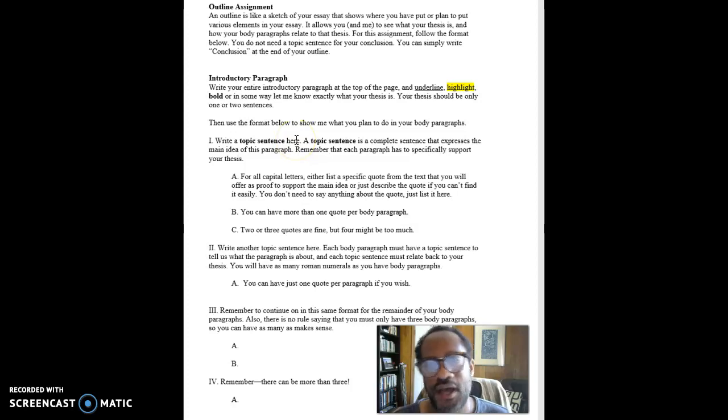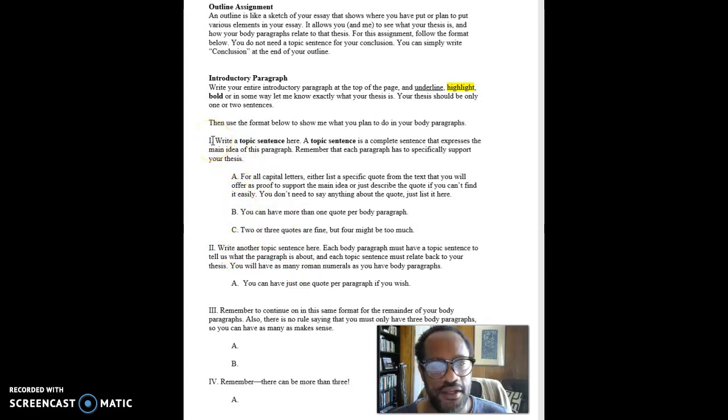We talked about what a topic sentence is, right? That is a complete sentence that expresses the main idea of the paragraph. And each paragraph has to specifically support the thesis, right? That is, you've said what the thesis is, and the thesis holds together the entire essay, and each topic sentence has to relate back to that, okay?